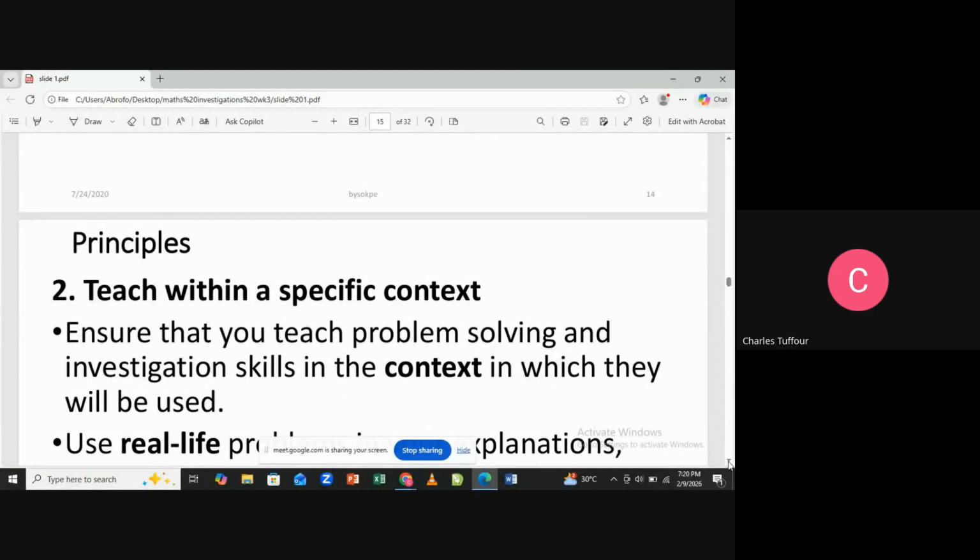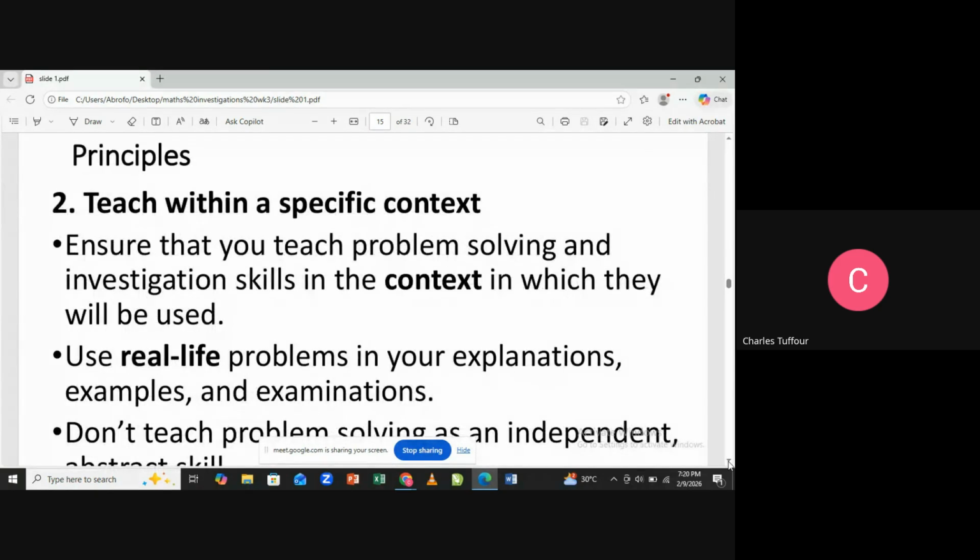Teach within a specific context. Ensure that you teach problem solving and investigation skills in the context in which they will be used. Do not teach in a context whereby the students will never use what you are teaching in their normal life or in their real world.